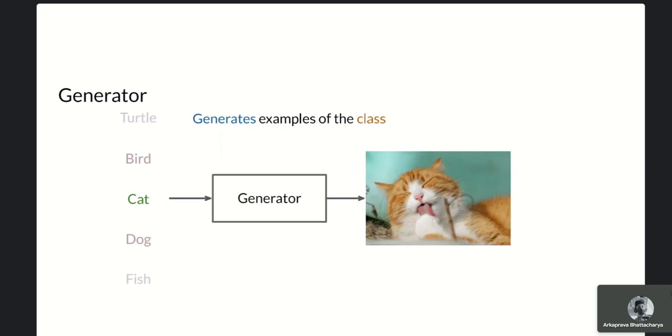Now, next model that we have is the generator. So basically the generator is the heart of GAN and it is used to generate images of a certain class. So if you train it for the class of cat, it will do some computation and produce different images of cats.